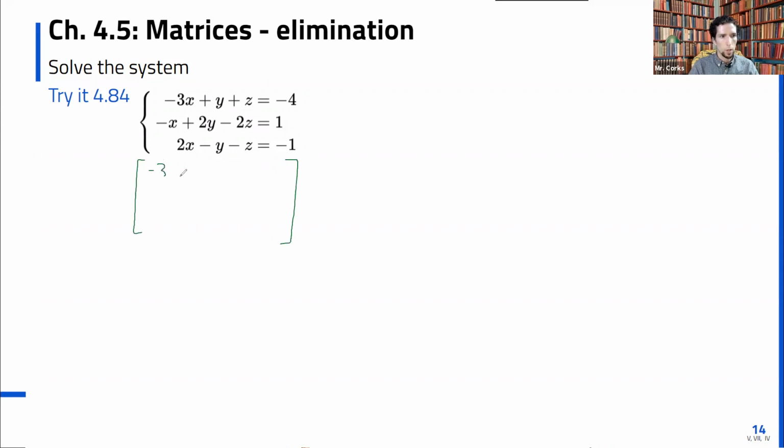So -3 and 1, 1, -4, -1, 2, -2, 1, and 2, -1, -1, -1. Okay, so there is our matrix. What is the first step that you would recommend?